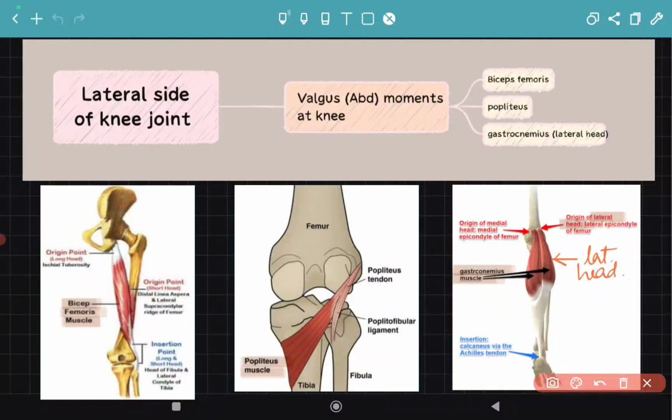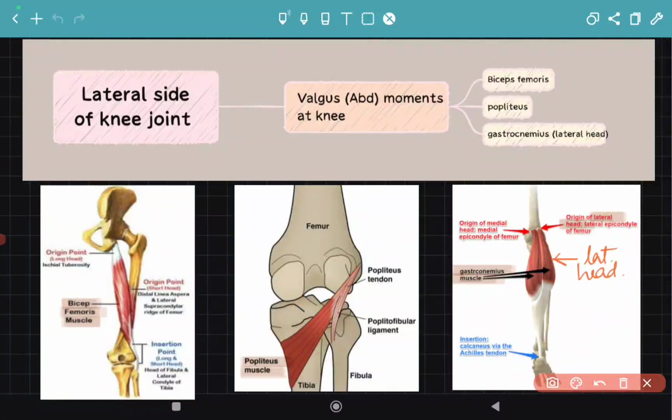So this will also create valgus movement at knee joint. Another one is the popliteus, traveling this way. This will also create valgus or abduction movement at knee joint. The last is the gastrocnemius, but only the lateral head will produce valgus movement at knee joint. So 3 of them, biceps femoris, popliteus and lateral head of gastrocnemius, will produce valgus movements at knee.